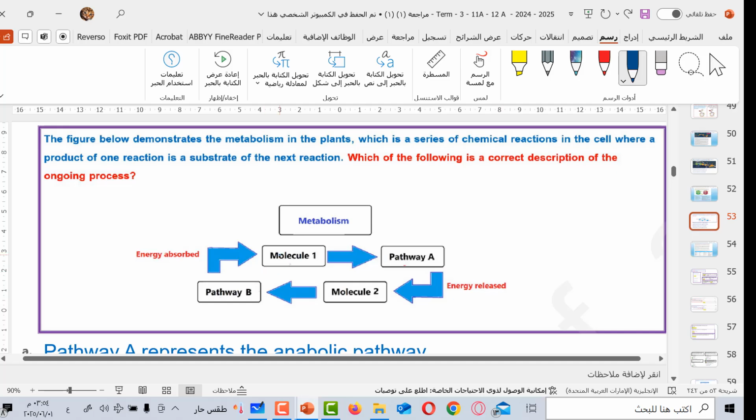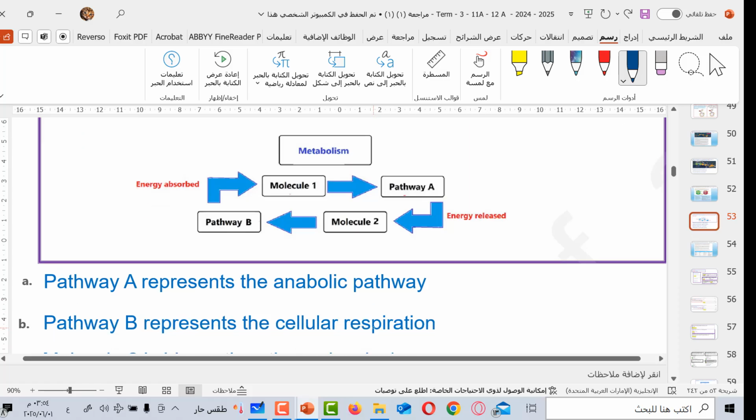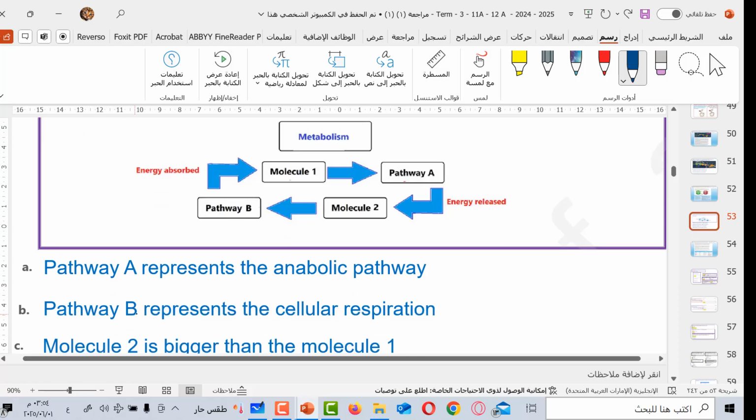This means photosynthesis, and this means cell respiration. Molecule number 1 is glucose, I think. Pathway A represents the anabolic pathway. Pathway B as a process is cell respiration.